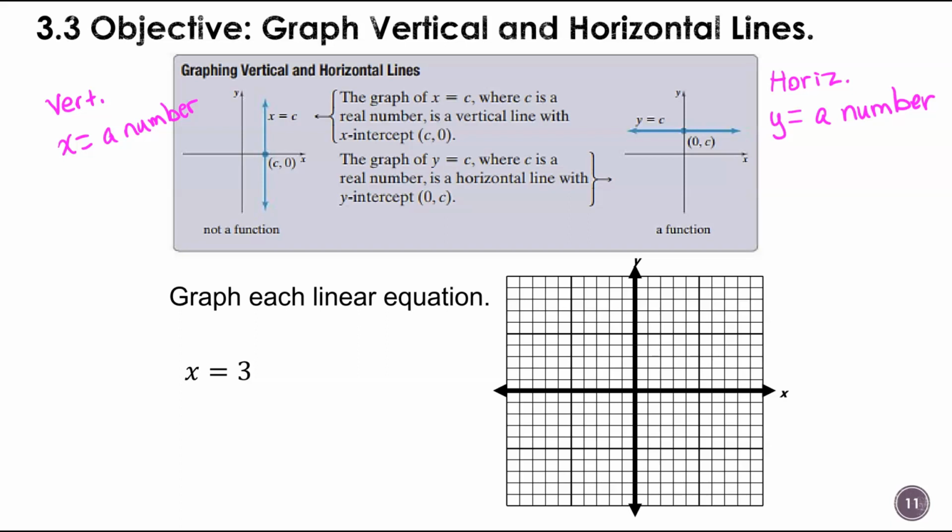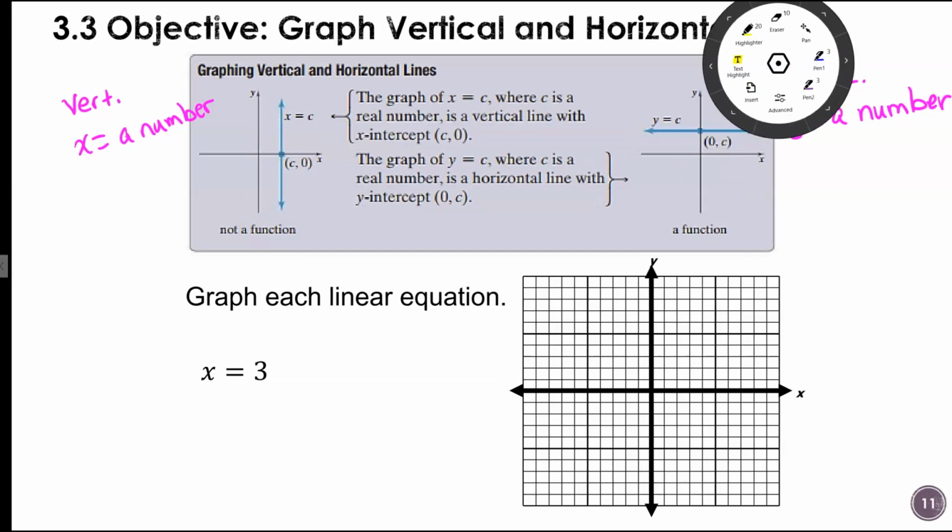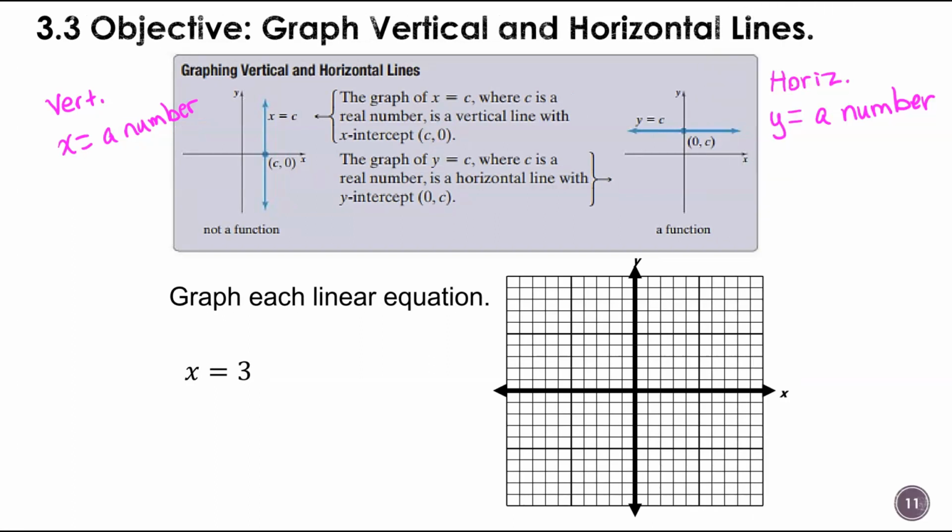So that's another way to think about it. The thing for you is you'll just have to learn to recognize it. These are super, super easy to graph. But if you don't recognize it, it's not so easy. So you got to learn to recognize that you've got a horizontal or vertical line, and then we simply put it on the graph. X equals 3 is a vertical line that goes through 3 on the x-axis, right?